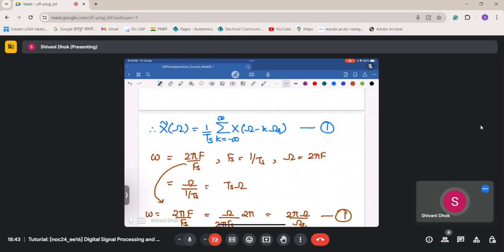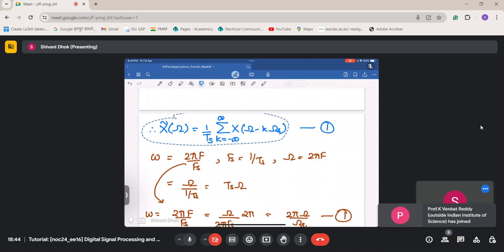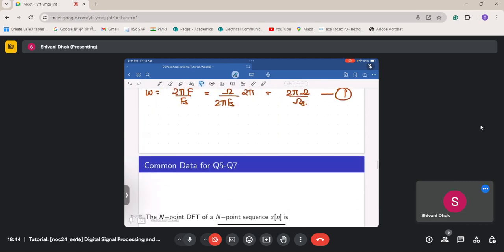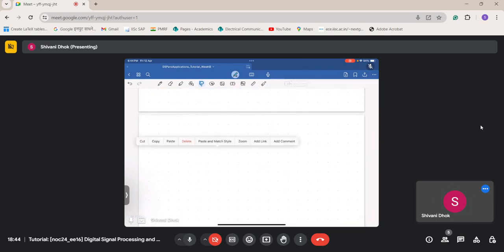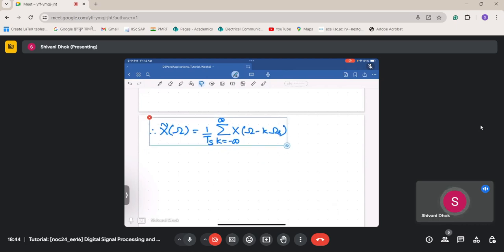So now let me just take this equation here. I'm having this thing here. Now I can square both the sides.